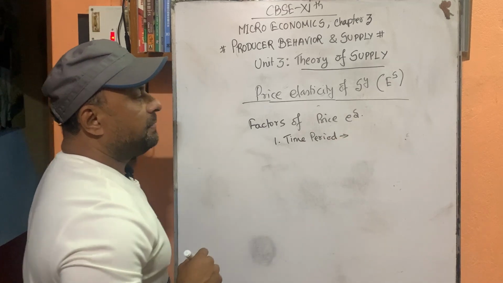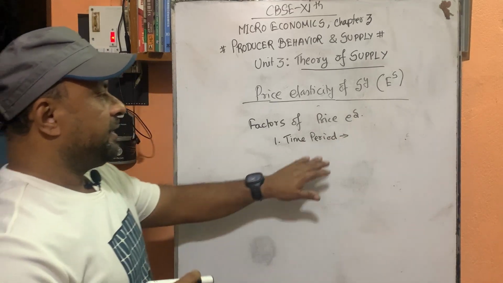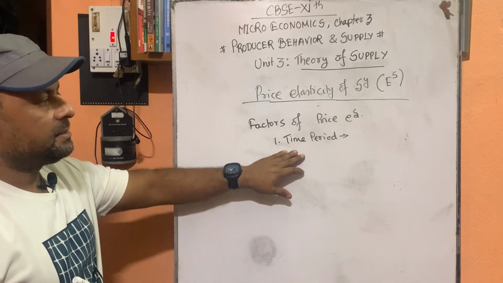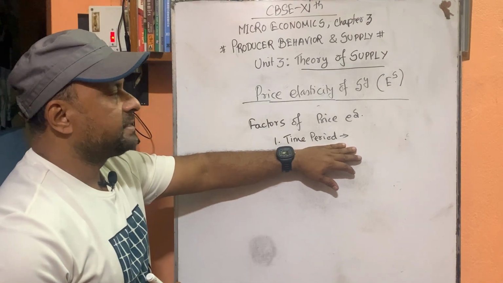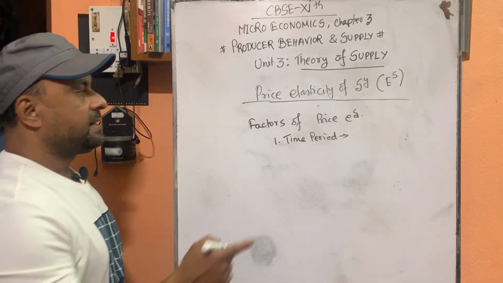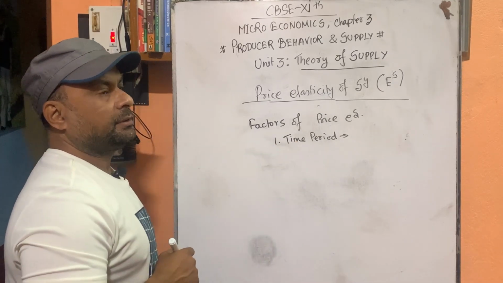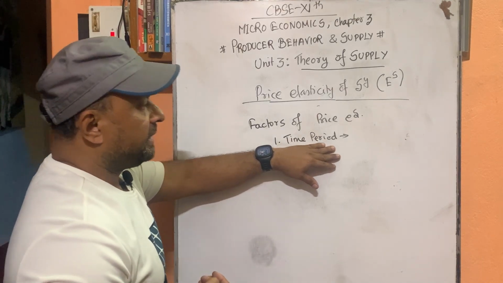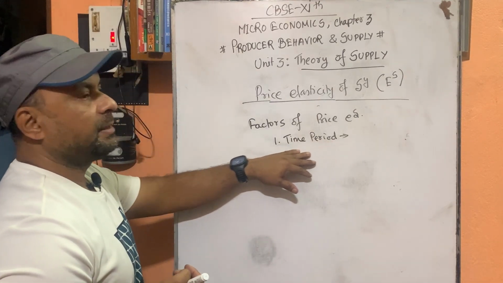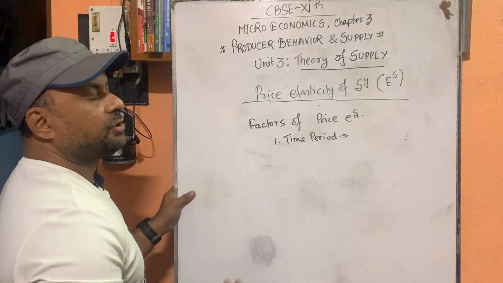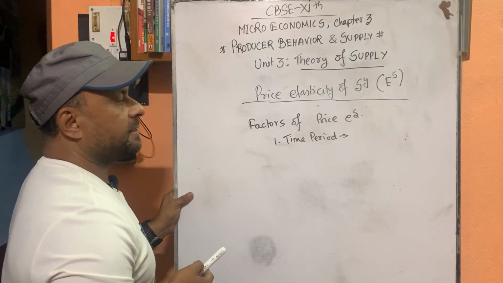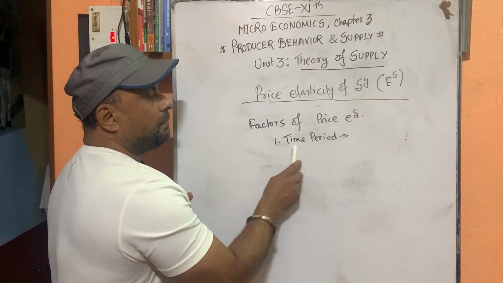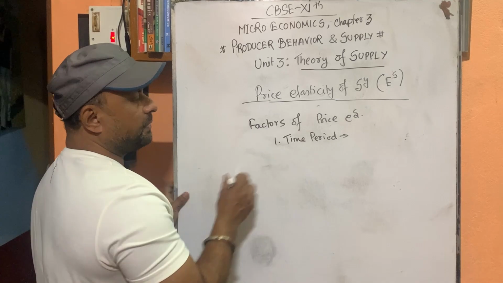Longer the time period, more is the price elasticity of supply. Longer the time period means when the producer gets more time in his hand, then with the change in the price he can easily react with the production. He can easily change the production. At that time price reaction is more. But if he gets less time during the production process, he cannot react more to the change in the price. At that time elasticity is less. So longer the time period, more is the price elasticity of supply.